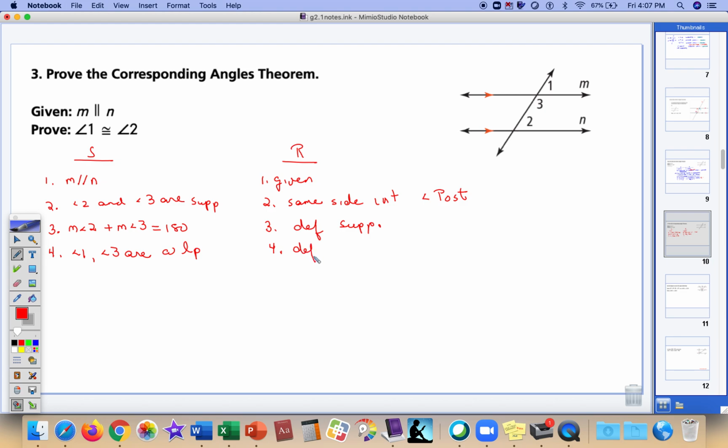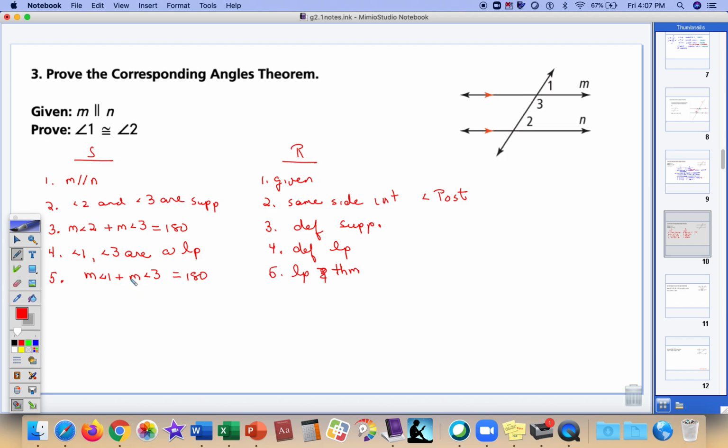Then we can use the linear pair theorem to say that the measure of angle 1 plus the measure of angle 3 is equal to 180, and that is the linear pair, my goodness, was that a postulate or a theorem? The linear pair theorem.